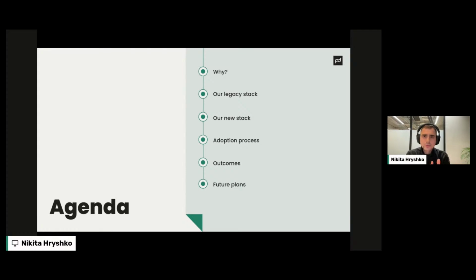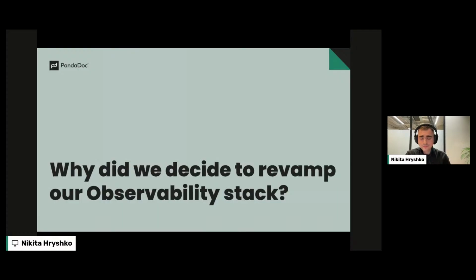We'll dive into the various vendors we considered and experimented with in our prototypes. I'll share insights into the adoption process of our new stack. And of course, in the end, we'll reflect on the outcomes of our decisions along with our future plans. So let's explore this journey together.